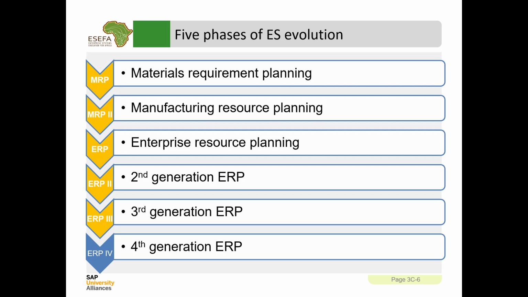Now, manufacturing resource planning added the machines, the capacity of the machines that are running the factory, not just the material, but also the resources that are input into the system. What is our capacity? So capacity building began to come into play.